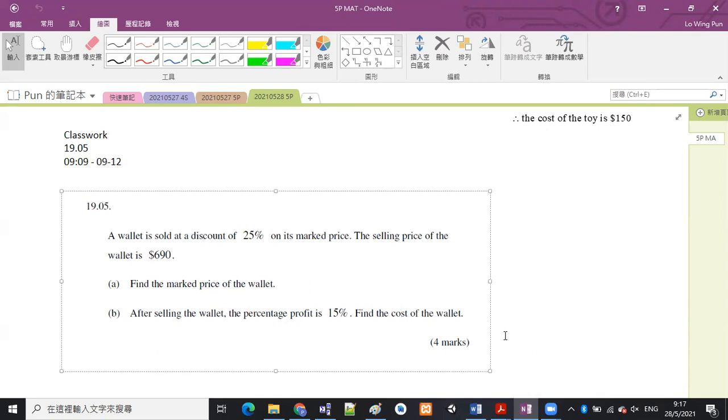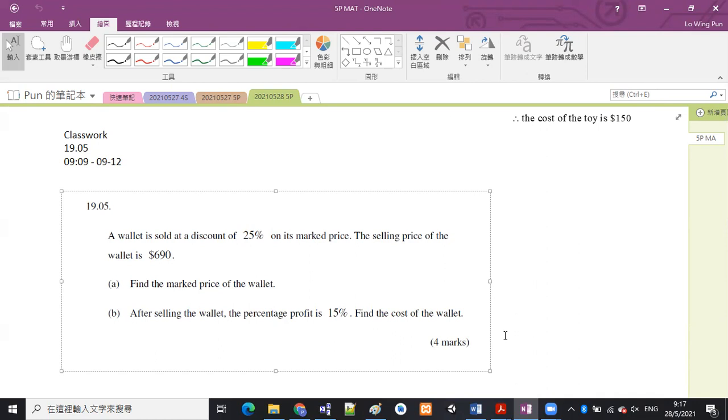If you have no idea what it is talking about, just focus on the number first. 25%, what does it represent? It should be the discount percent. Yes, thank you.